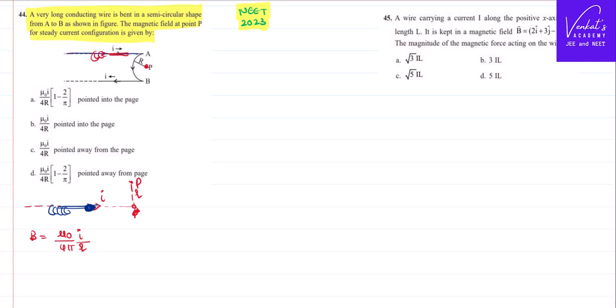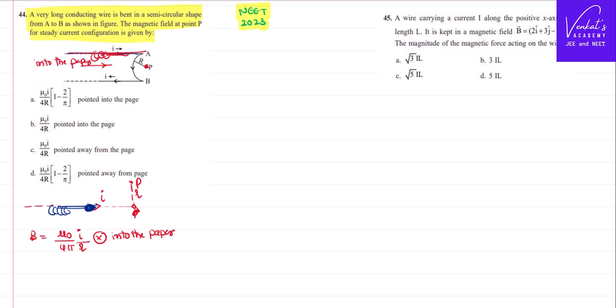You are curling your fingers towards this point, into the paper. Hold this wire with your fingers and see how they are curled. At the point P, they are coming into the paper. So the magnetic field is cross, that means into the paper.